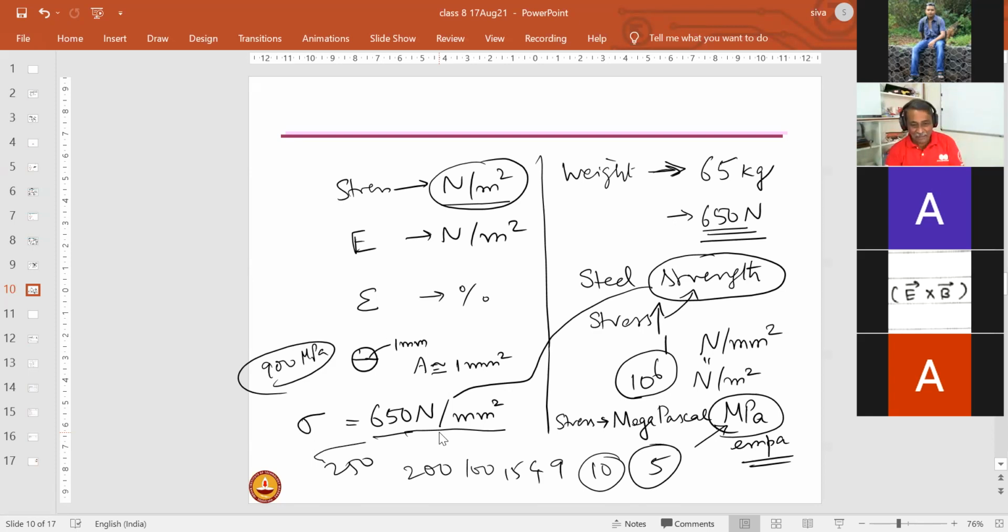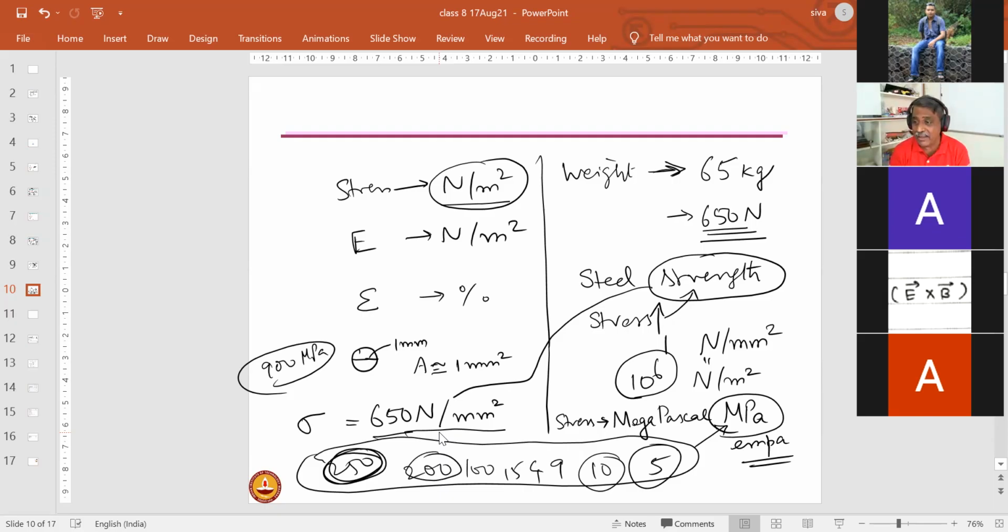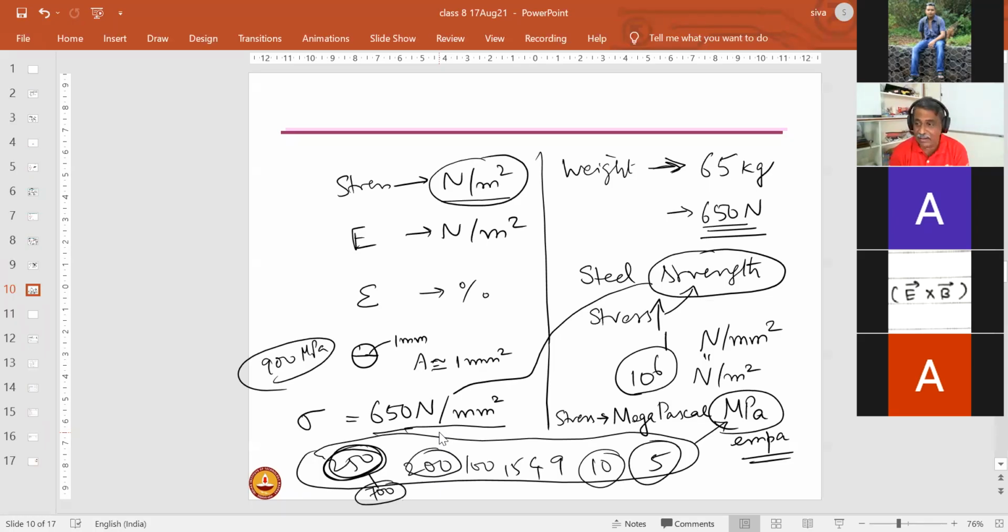All right. Now, these guys are pretty close. Nishan is pretty close. Arpit is pretty close. This is about 250 to 700 MPa, depending on whether it is high strength or this. Supposing I use this rod, which is high strength rod, I'm looking at roughly 700 Newton per mm square.